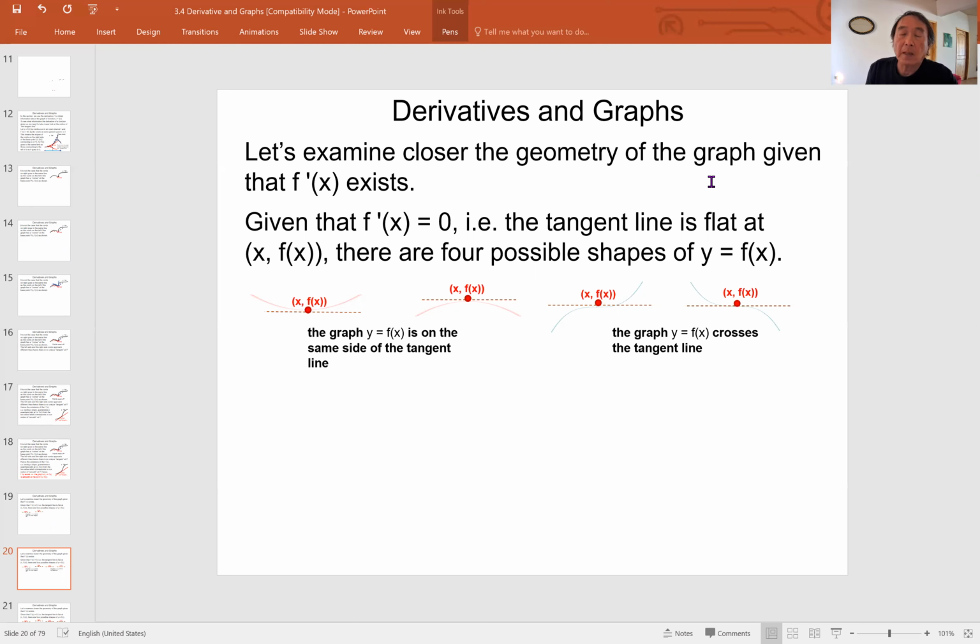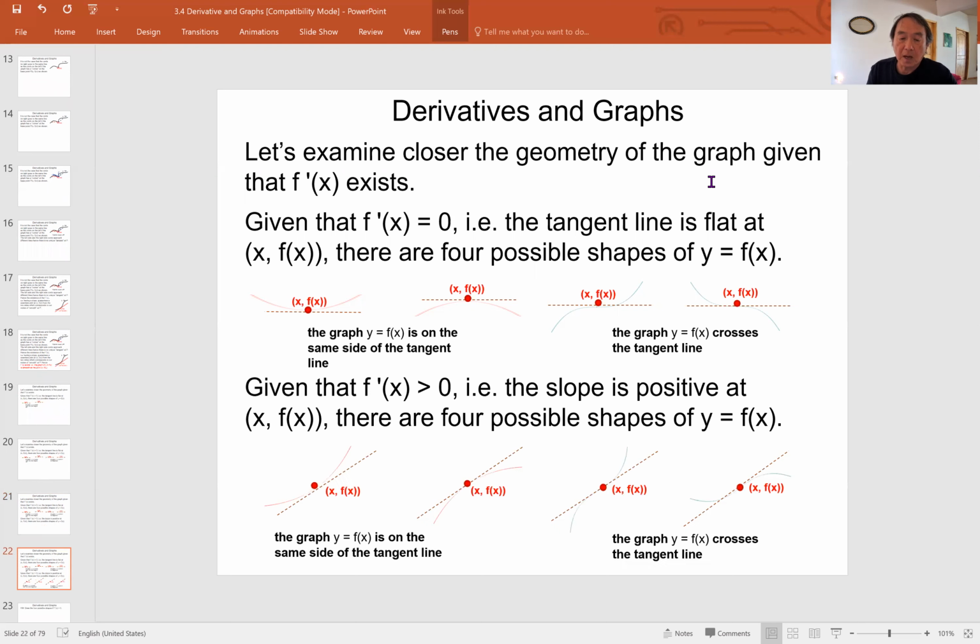And how about points where the derivative is positive? Well, the derivative is the slope of the tangent. So if the tangent slope is positive, all I have to do is take all these curves and rotate them a little bit to positive slopes, and I get these four possible curves around a point where the derivative is positive.